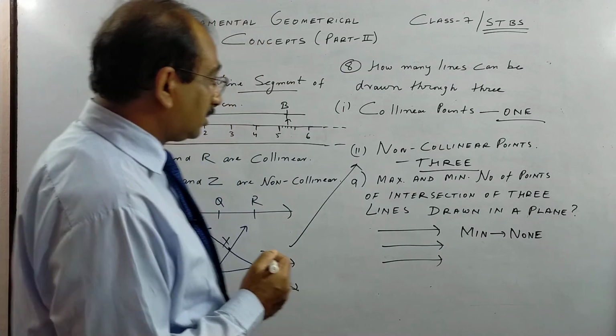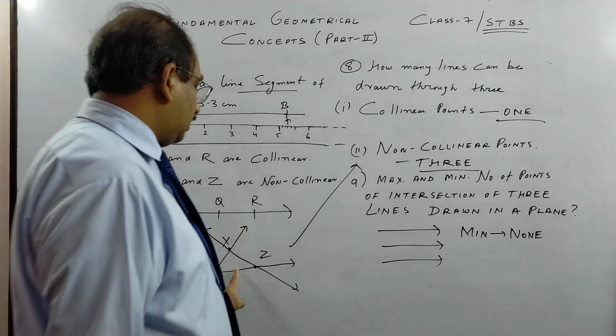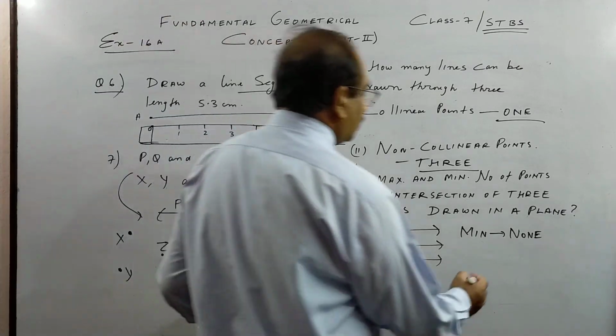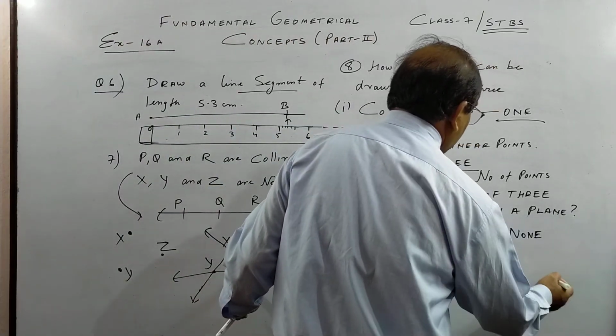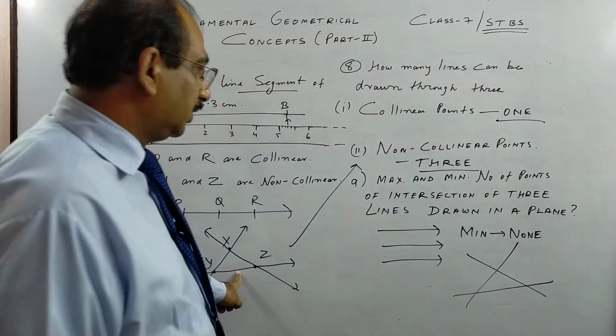Now the question is, how many maximum points of intersection of 3 lines drawn in a plane? So it will be something like this. Same figure, children. 3 lines drawn in a plane.